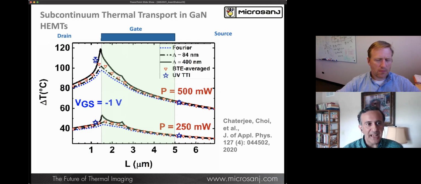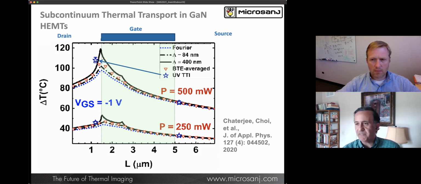And if you click next, you see a data point here that was obtained by UV transient thermoreflectance imaging. The advantage of UV when you go to 365 nanometers, you have a signal on gallium nitride near the top surface, and you can see that matches quite well the subcontinuum and is much hotter than the continuum. And this was a paper that really emphasized the importance: what creates degradation is often not the highest temperature, but temperature gradients.